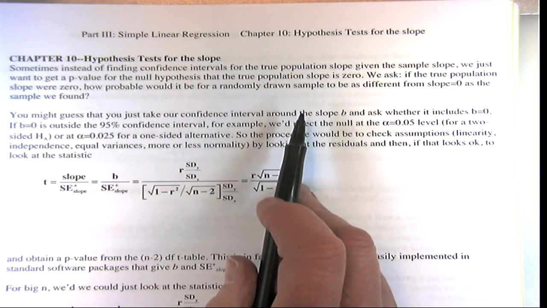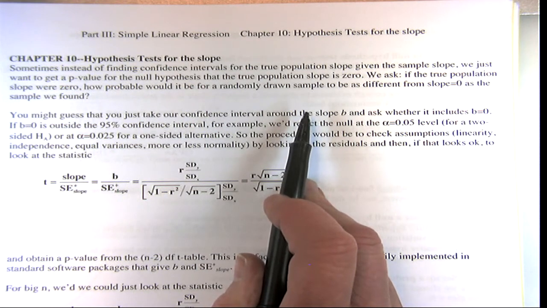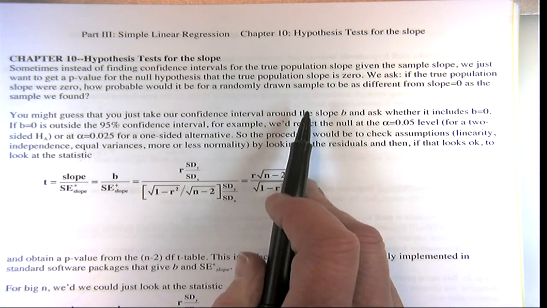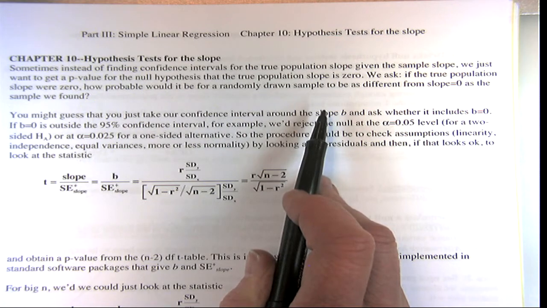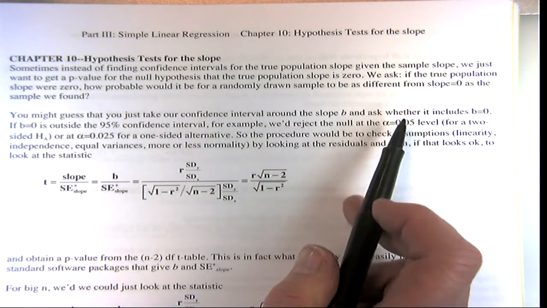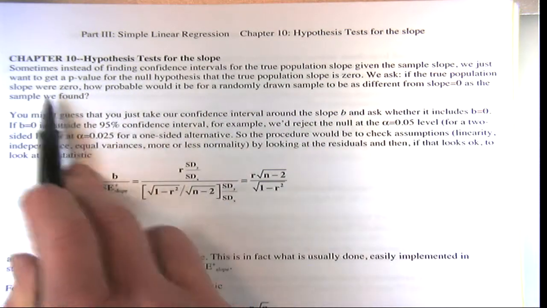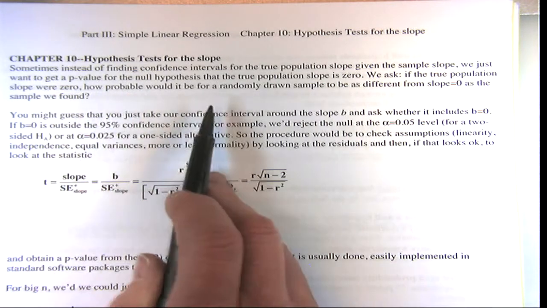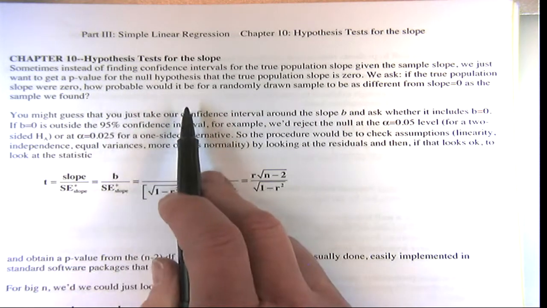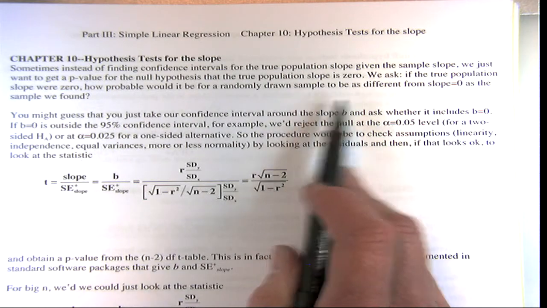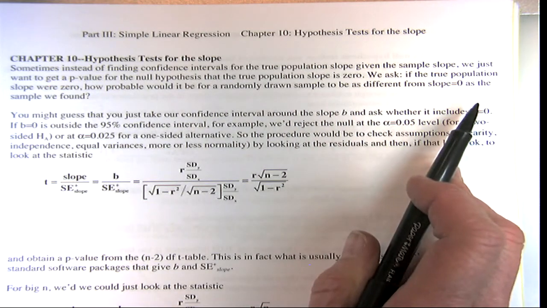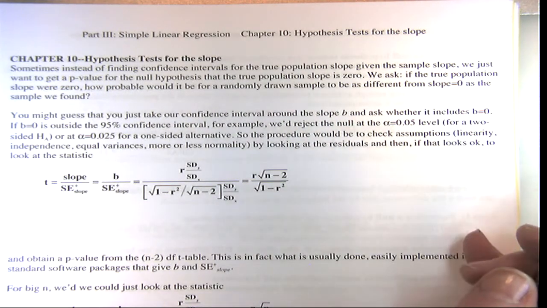Does the evidence we have from our sample allow us to reject the null, which is usually that the population slope is 0, or not reject it? Okay? So we ask, if the true population slope were 0, we assume the null, how probable would it be to get a randomly drawn sample as different from the slope of 0 as the one we found?